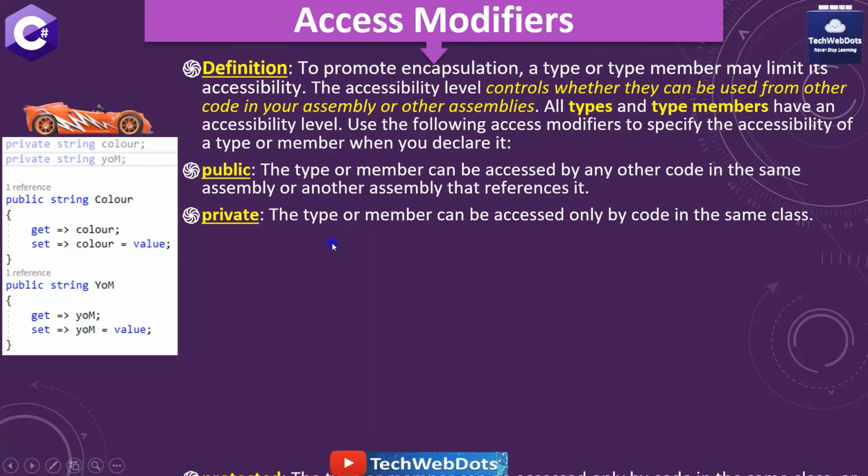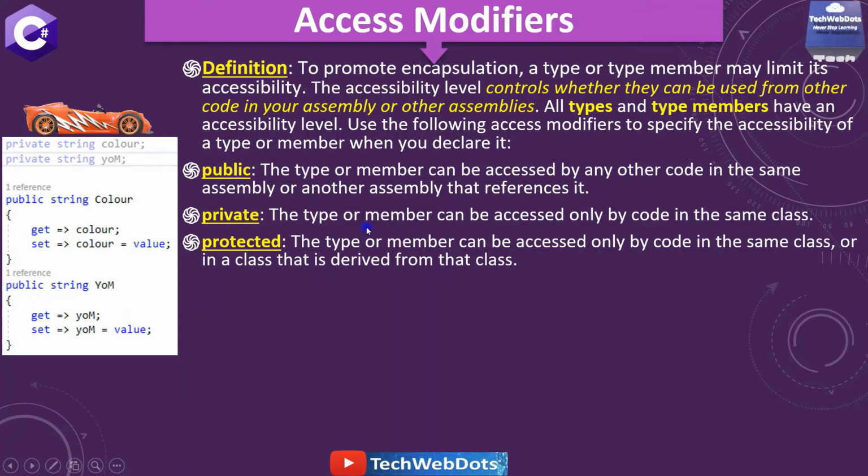And private is mostly used when we really want to use nesting of classes. Don't worry, I will discuss it further in detail in our upcoming sessions. And what is protected? The type or member can be accessed only by code in the same class or in a class that is derived from that class. It means if any class is deriving from this car class, then these properties are also available there.